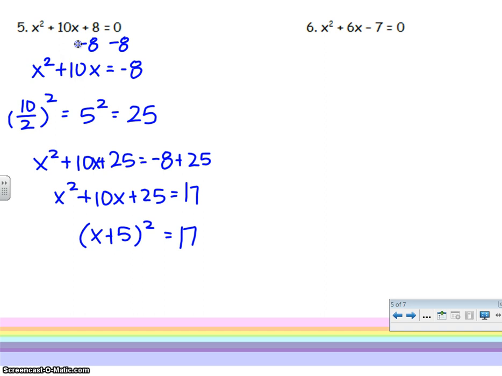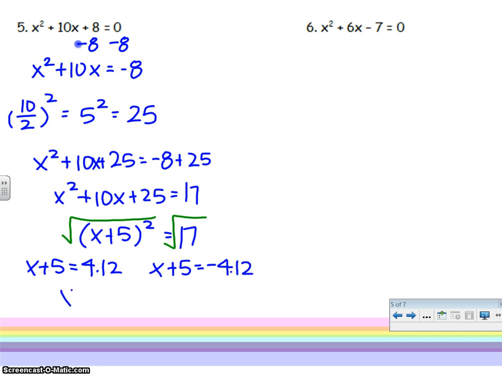And now when we square root here, we're going to make sure that we are accurately rounding to the nearest hundredth. So when we take the square root of 17, we're going to have x plus 5 is equal to positive 4.12, or x plus 5 is equal to negative 4.12. So we can go ahead and find our two solutions to be negative 0.88 and negative 9.12.